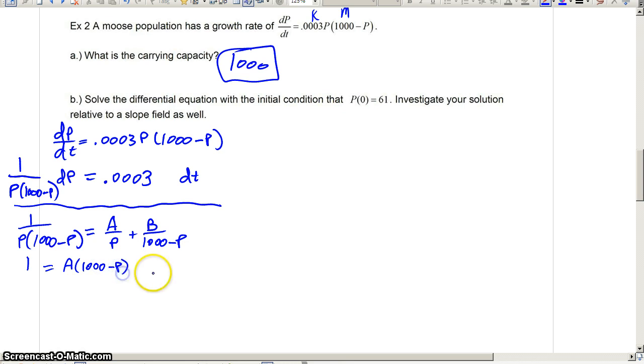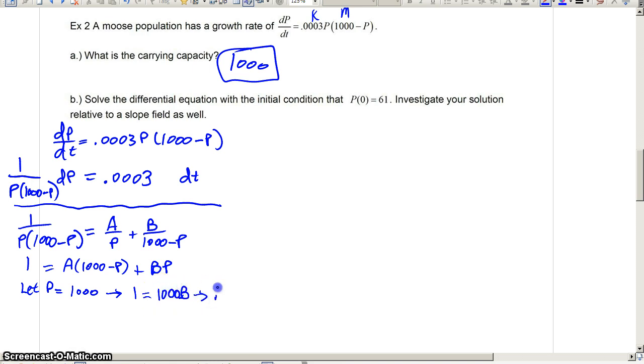We would get 1 equals A times (1,000 minus P) plus BP. And let's let P equal 1,000, in which case we'd have the equation 1 equals 1,000B.